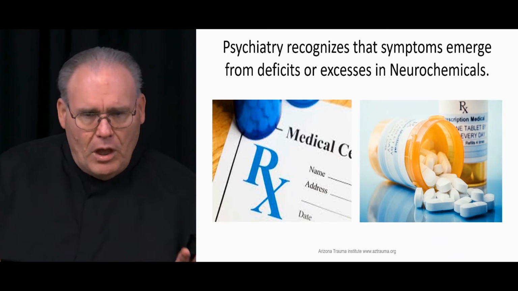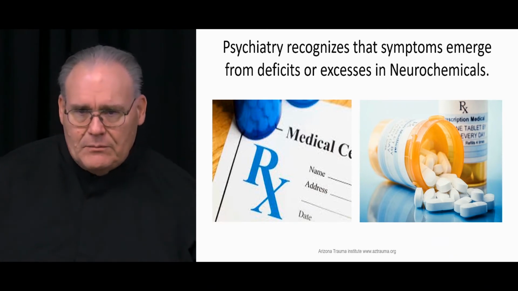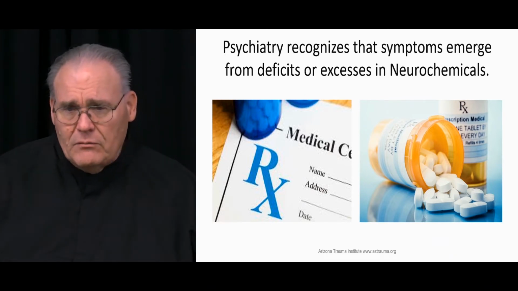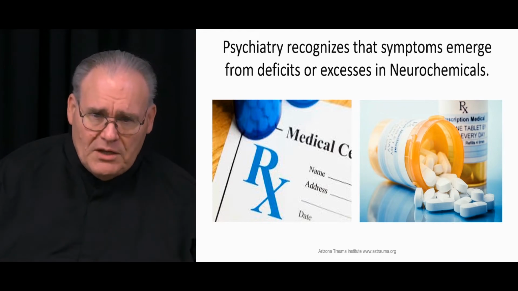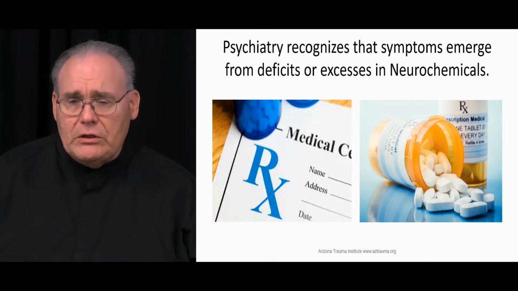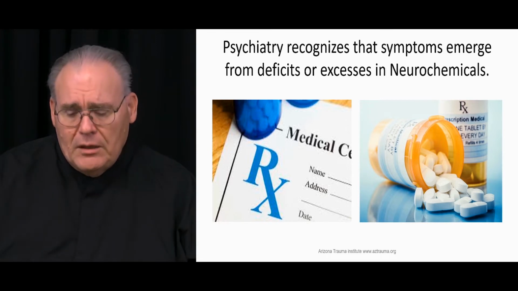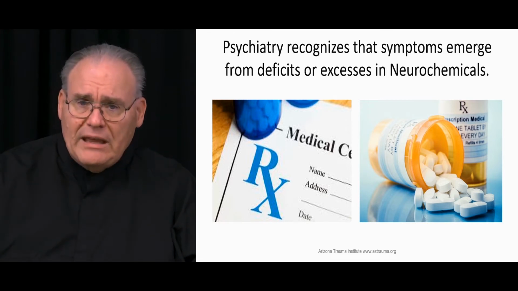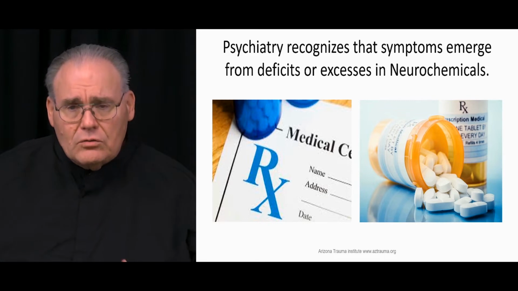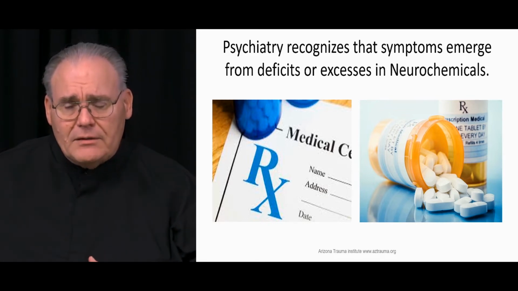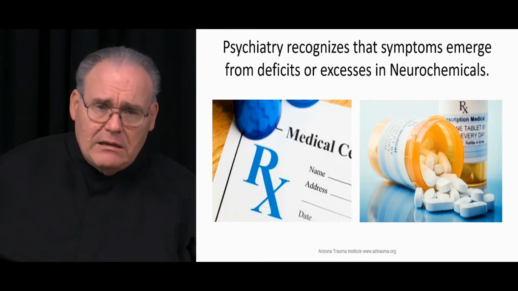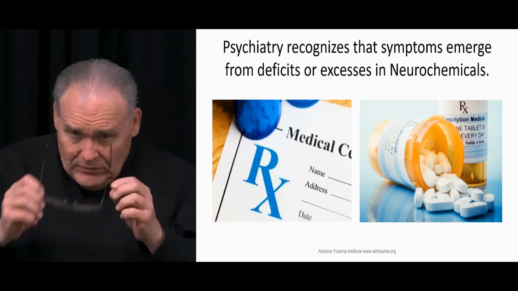Again, nothing wrong with medication. It's necessary sometimes. But what I am cautious about is the overuse and overprescribing of medication in situations where people can learn to manage themselves better so that they don't need those medications.